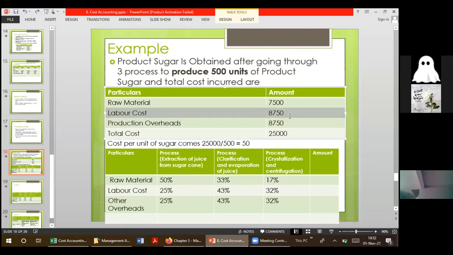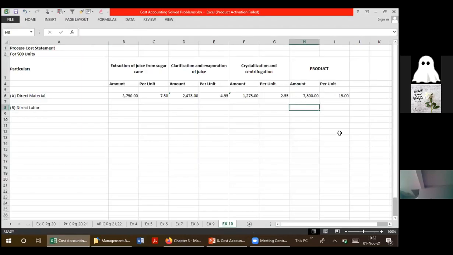So the total labor cost for the product is 8,750.